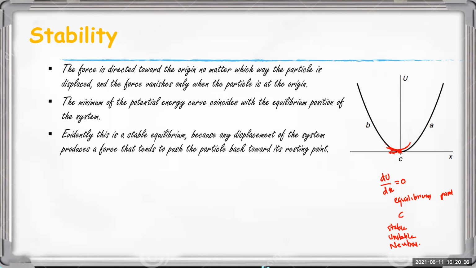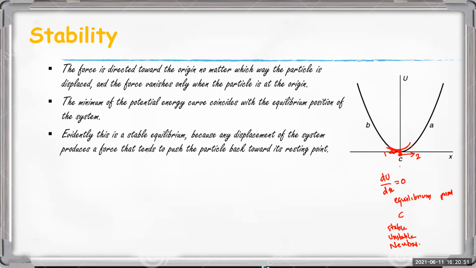Another case: the swing is already at rest at the equilibrium position, and now I displace the swing to the right side, to the positive x. Then what happens? If we release the swing, then it will move towards the equilibrium position, or its resting point.